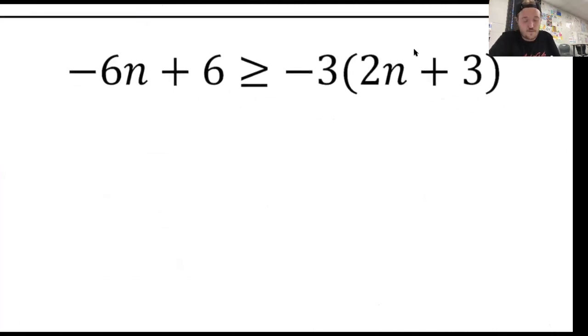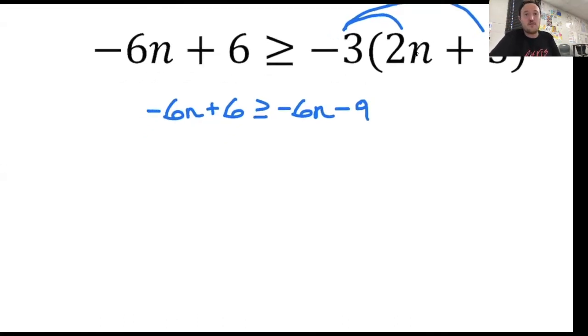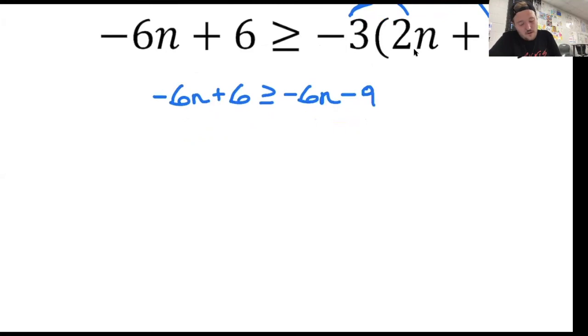All right, so once again, start with distributing. So we have -6 plus 6 greater than or equal to -6 minus 9. I'm going to distribute to the second term as well. All right, so we're going to add 6 on both sides.